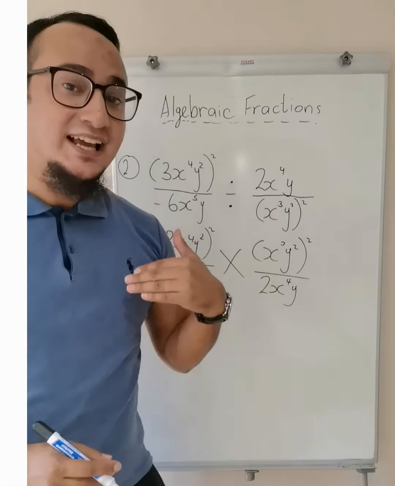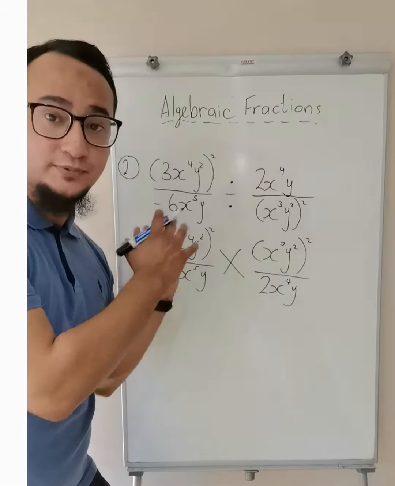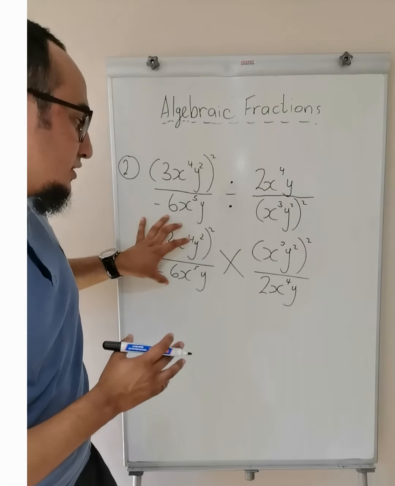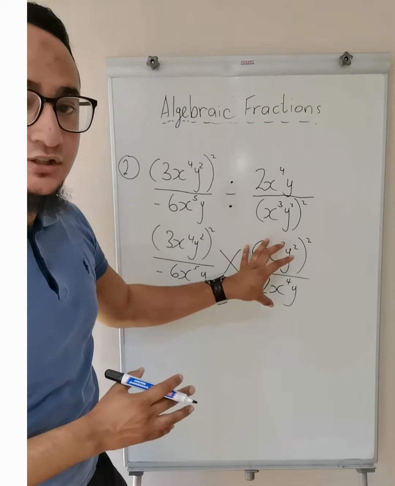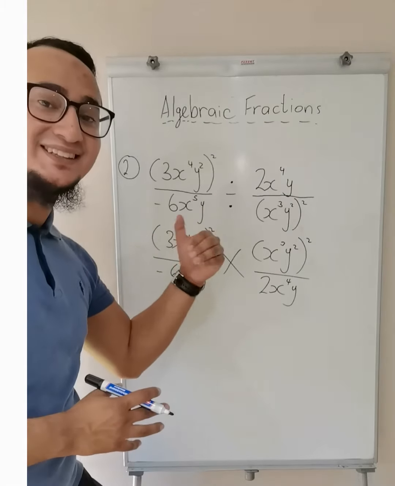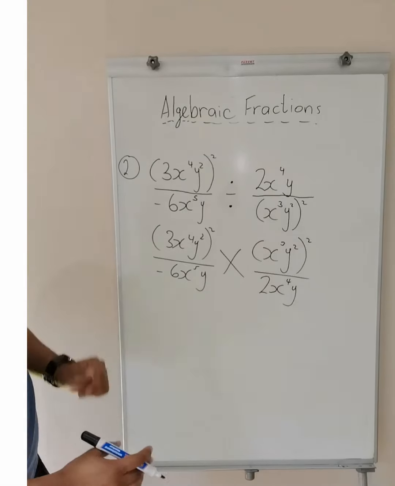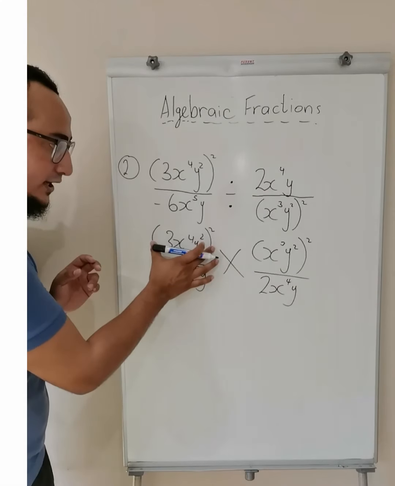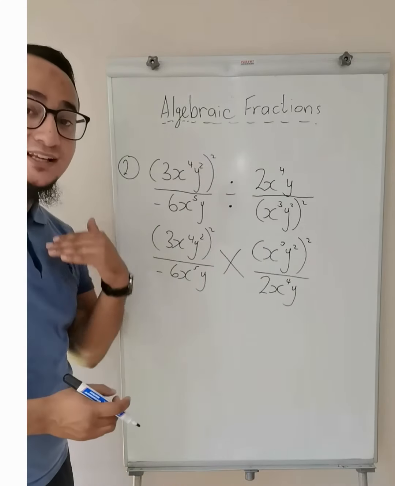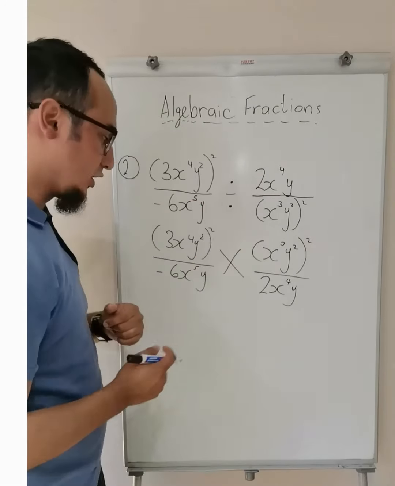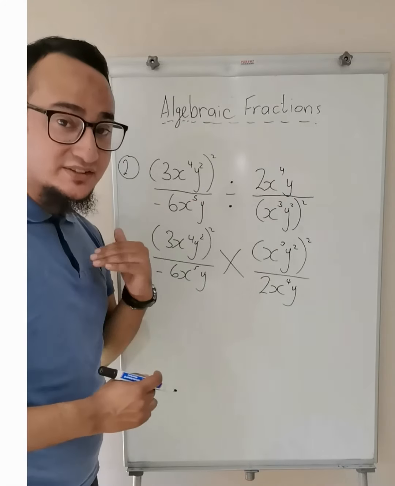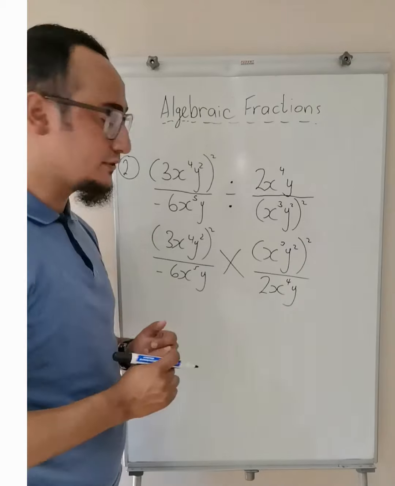Now, what do I see? The same sum as example number 1. A fraction multiplied by a fraction. Remember, I always convert that division sign into multiplication and I do the reciprocal. Now, I get rid of my brackets, both sides, and I say numerator times numerator, denominator times denominator. So pause this video and we see if we have the same answers.